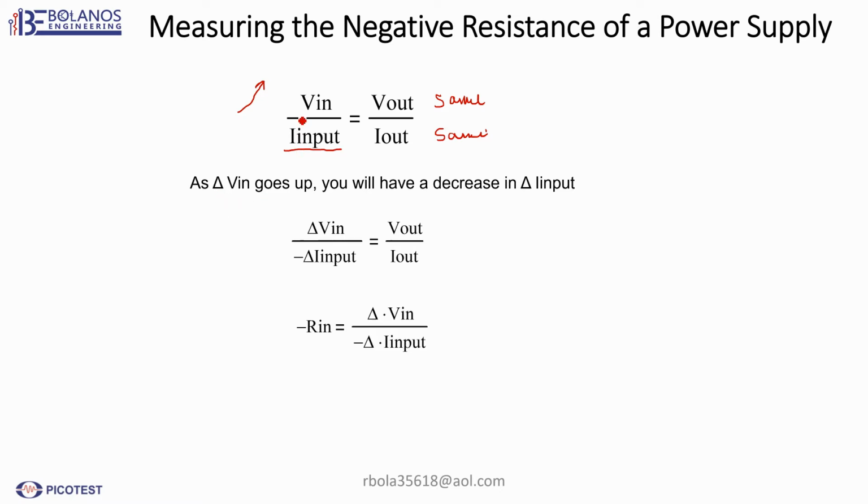So basically, if you vary your input voltage, let's say you put a wiggle, and the input voltage goes up, if you have a good feedback system, your output voltage is going to be the same, and if your output voltage is the same, your current is going to be the same.